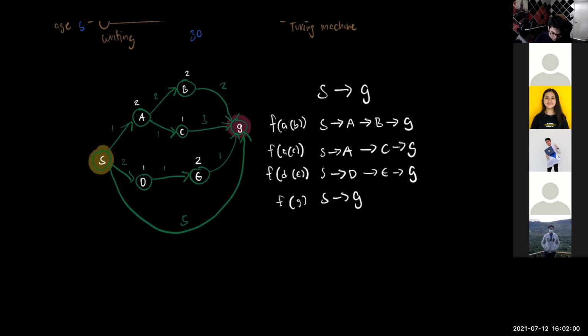Okay. So computing, this is 1 plus 2 plus 2 plus 2 plus 2. So 3, 5, 7, and 9. So this other one, ACG, is 1, 2, 3, 4, 5, 6, 7, 8. SDE is 2 plus 1, 3, 4, 5, 6, 7. And this other path is just 5.